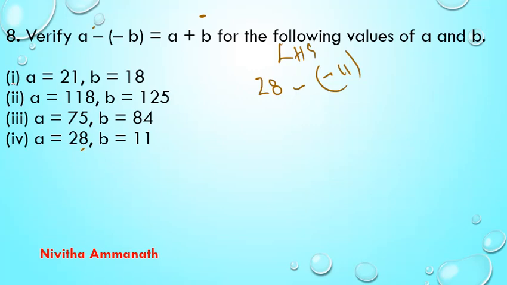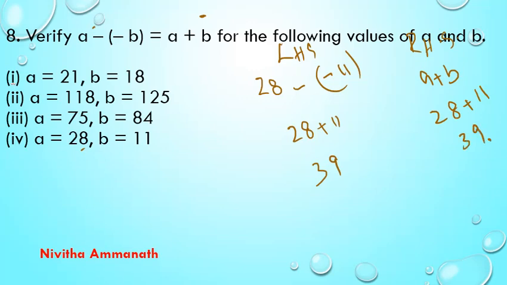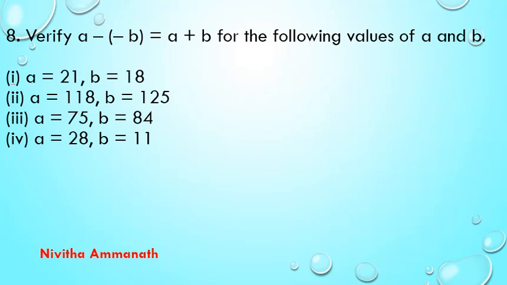So 28 minus of minus 11 is 28 plus 11. That is equal to 39. RHS, which is RHS? a plus b. How to write? 28 plus 11. That is 39. LHS equal to RHS, hence verified. Next question.